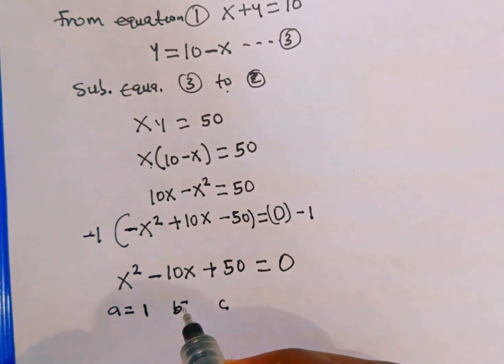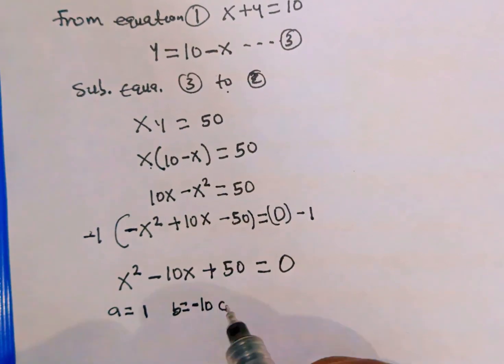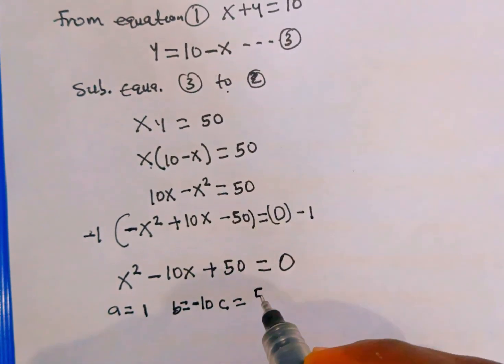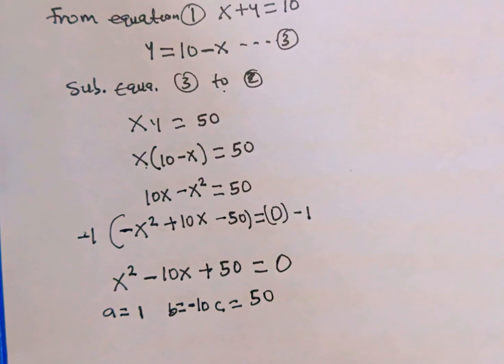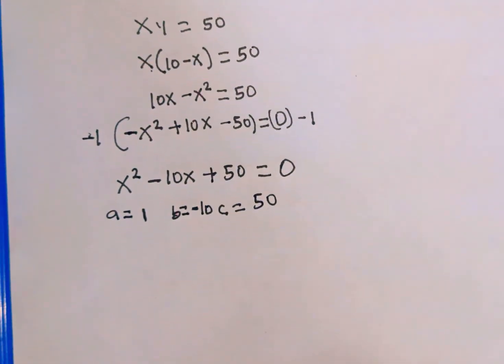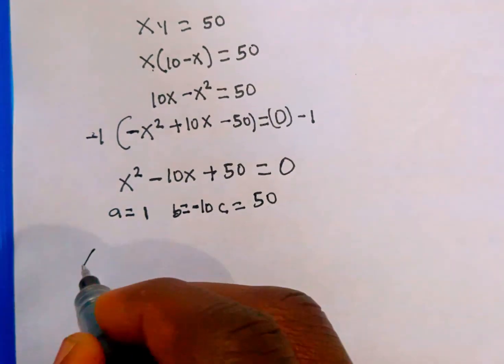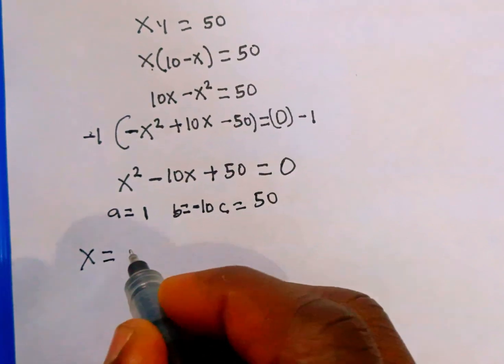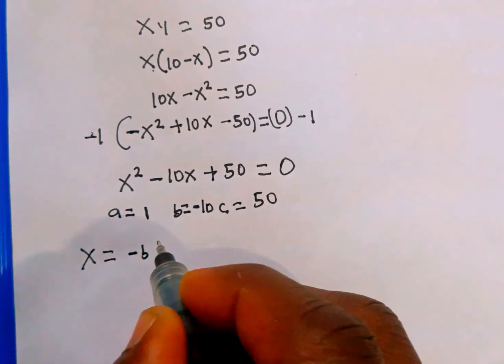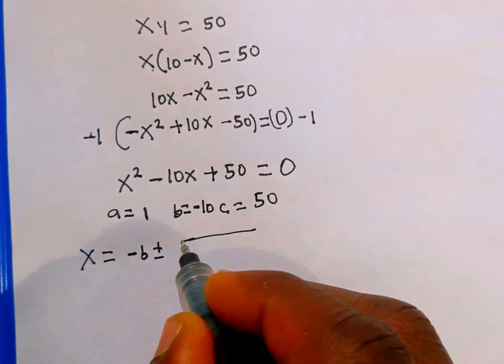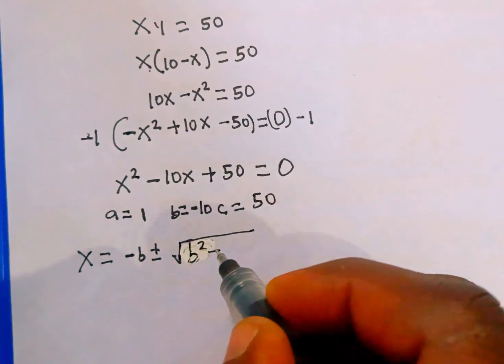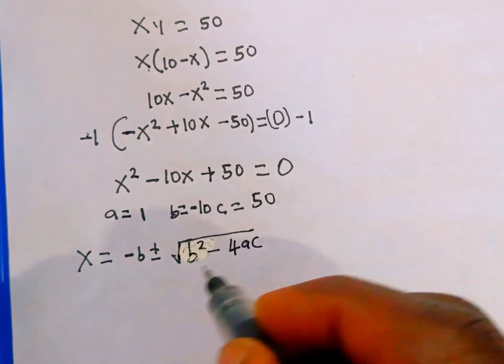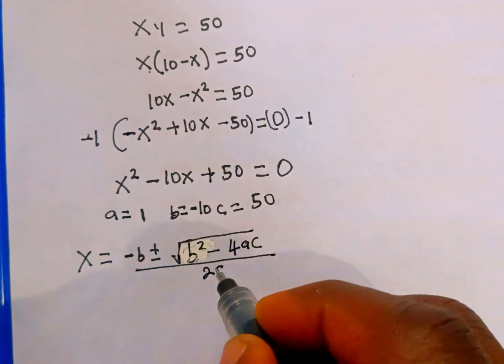Then B is the middle coefficient, which is negative 10, while C is the constant, which is 50. Now we need to write the formula before we substitute. The formula, we are looking for x, which is equal to minus b, plus or minus square root of b squared minus 4ac, all over 2a.